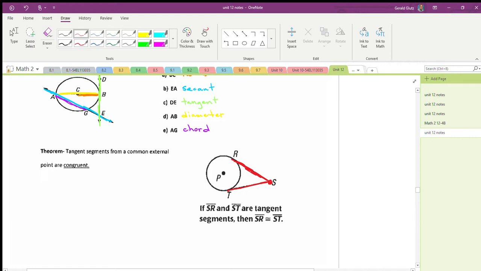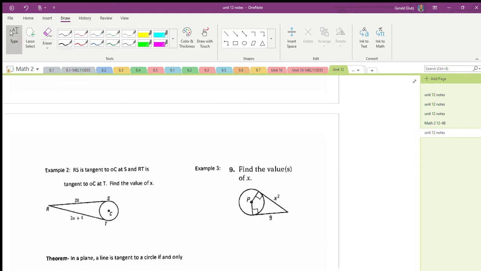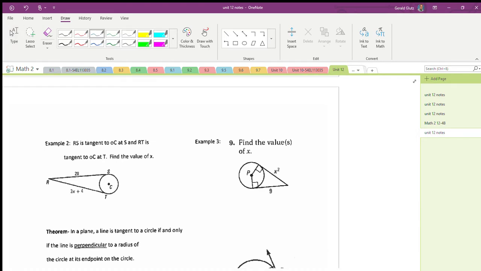What this theorem says is that these two line segments have to be congruent. So RS and TS have to be the same length. We're going to use that theorem on the next page when we do example 2. So we've got point R out here, and they tell us that RS is tangent to the circle C.